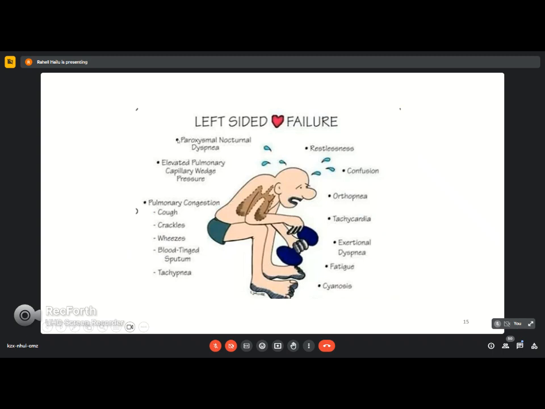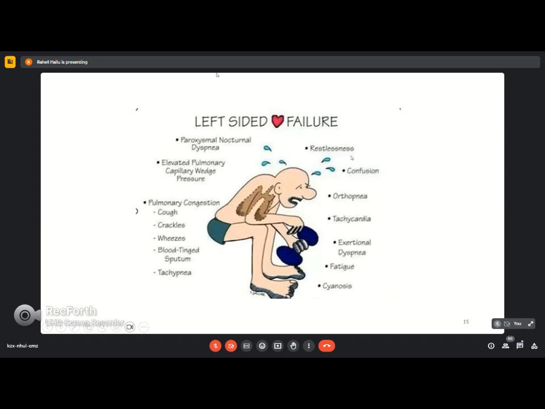Here again, left-sided heart failure is characterized by this manifestation, paroxysmal nocturnal dyspnea. This is a particular type of shortness of breath that affects patients late at night, and they suddenly rise up from bed and have a kind of suffocation and they need air.